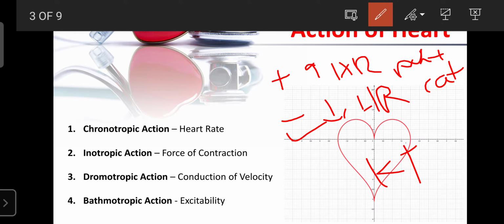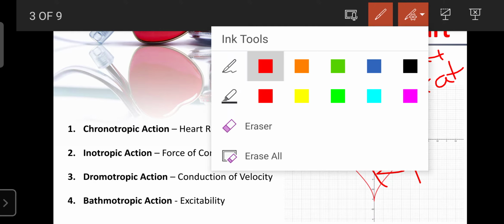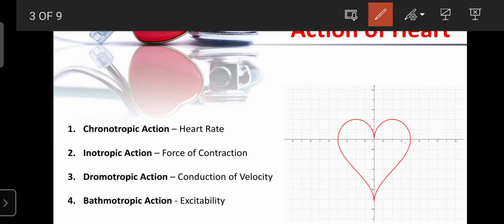Regarding the inotropic action of the heart, it denotes the force of contraction. How the muscle contracts is related to the decrease in the size of the muscle.